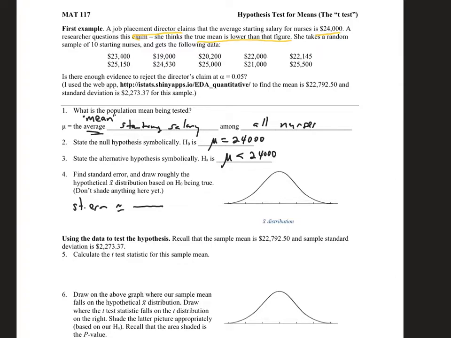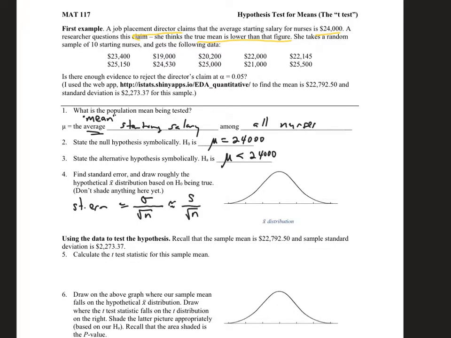So this would be the exact statement of what that means, but the fact is that we usually don't know what sigma is, and so we're always going to be approximating this using the sample standard deviation S divided by the square root of the sample size.